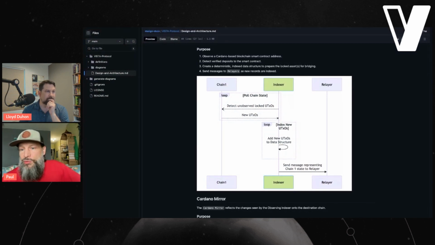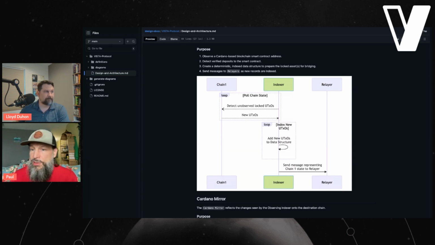Those UTXOs will presumably have some assets associated with them, as well as a receiver address on chain number two, so a wallet on chain number two that it's looking to transfer those funds to. When it sees those new UTXOs, it's going to kick off that operation to build that data structure.